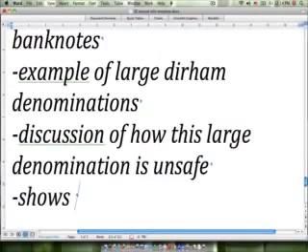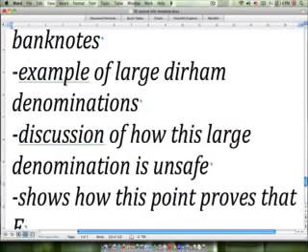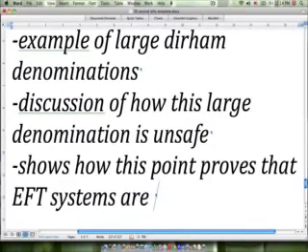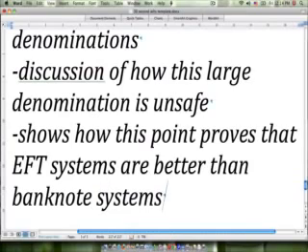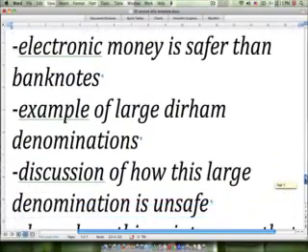So the fourth thing the student does is show how this point proves that, and the phrase they use is, EFT systems are better than banknote systems. Okay. These are the 4 points, the 4 parts of this paragraph that the student has included.